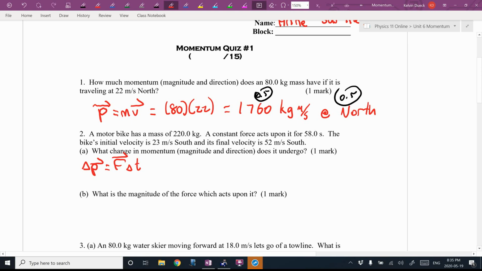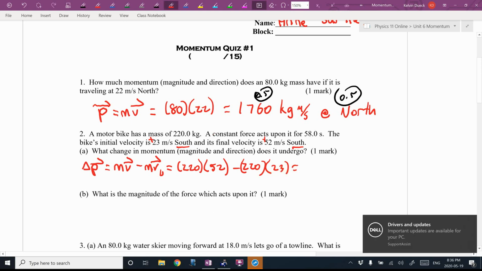I do see a time, but I don't see the constant force, so I see a final and initial velocity. They're both south, so I'll call south positive. And it's going to be mv final minus mv initial. M, 220, v final, 52, minus 220, the initial, 23.